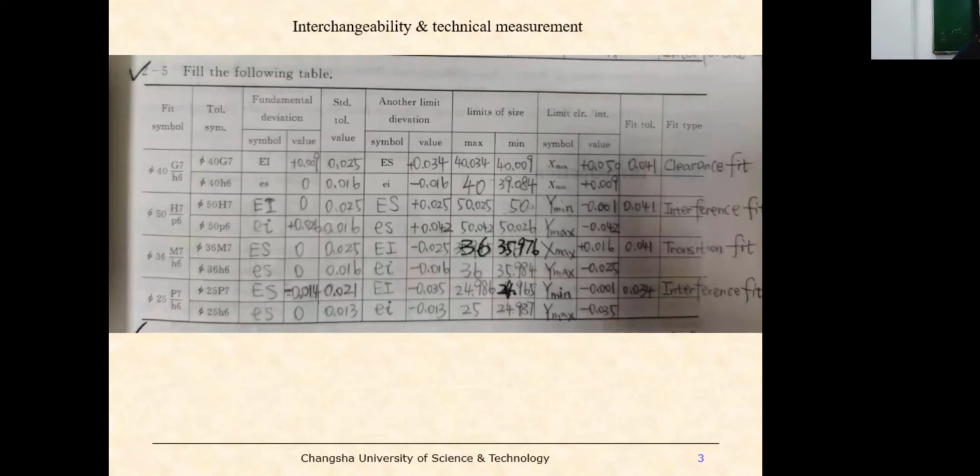So for the G, the fundamental deviation is EI, right? So the value, the G7, you can find the IT7. IT7, how much is it?